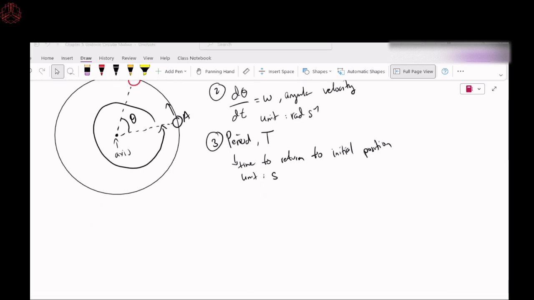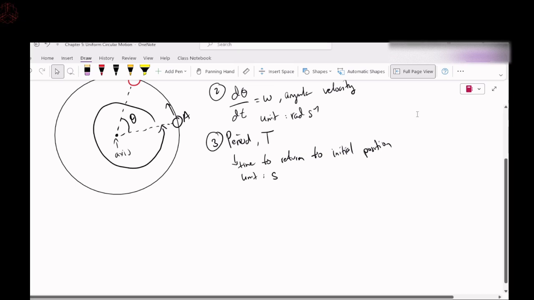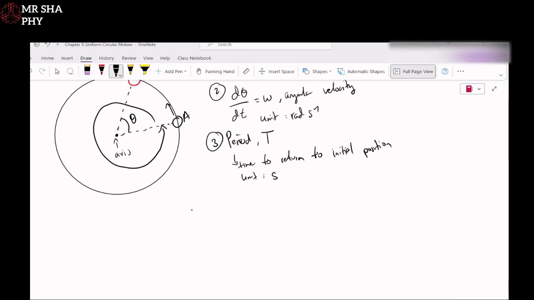Now if I were to take the inverse of period, what I'll have is what we call frequency.